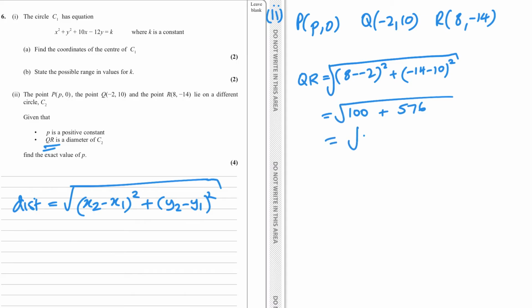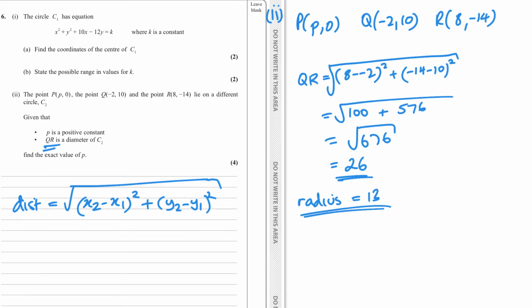So I've got the square root of 676, and that is exactly 26. So that means that I have a radius of 13. So my circle has a radius 13.